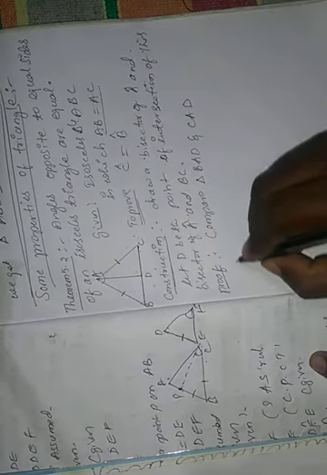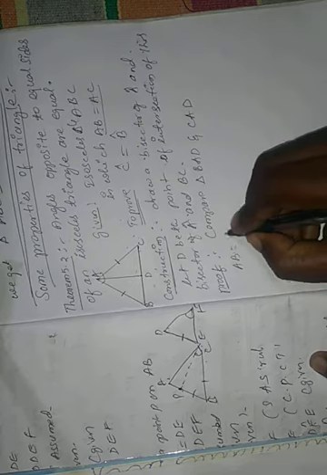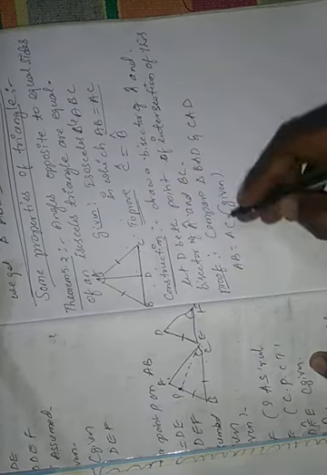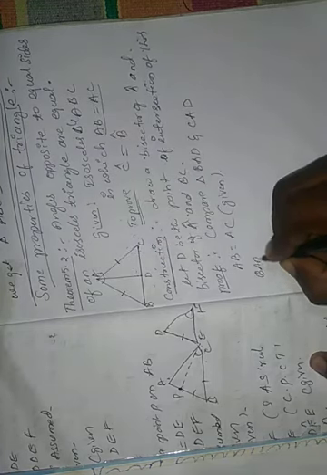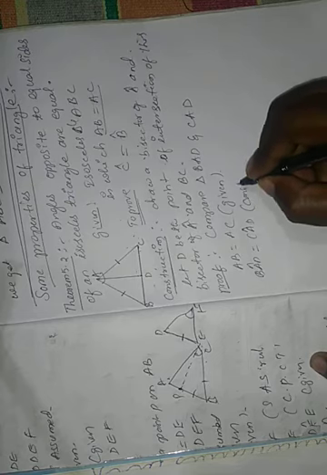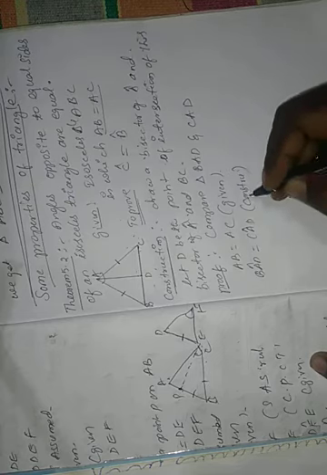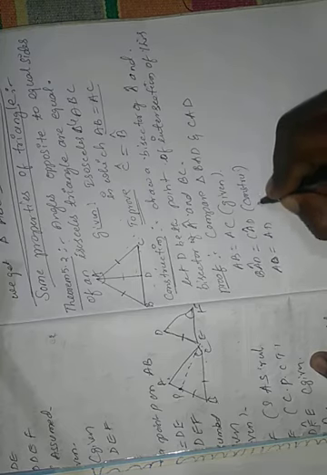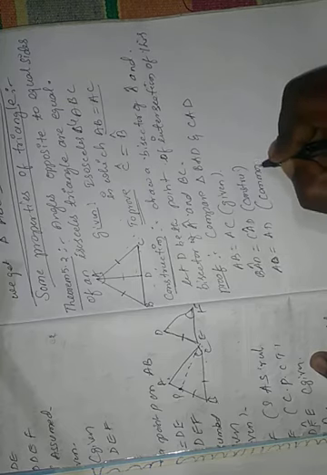Also angle BAD is equal to angle CAD, this is from the construction, angle bisector. And AD is a common side to both triangles: AD is equal to AD, common side.